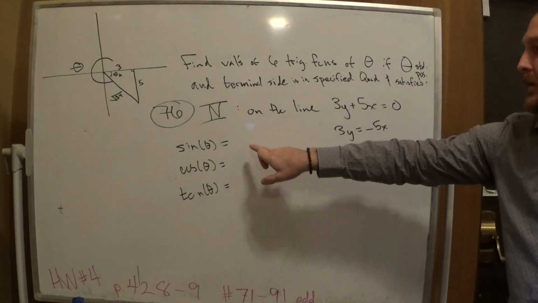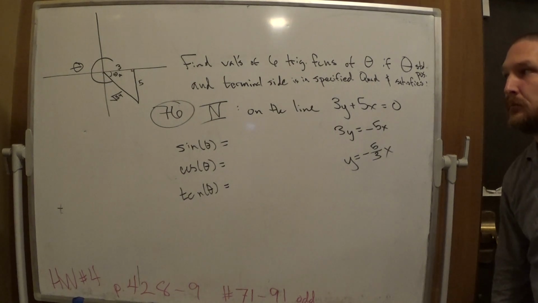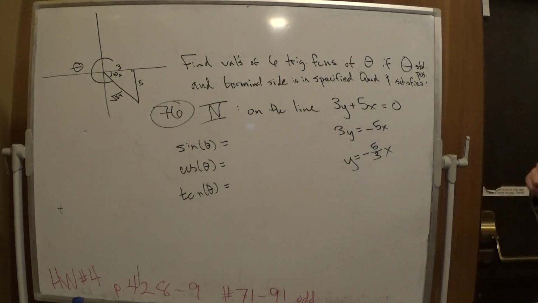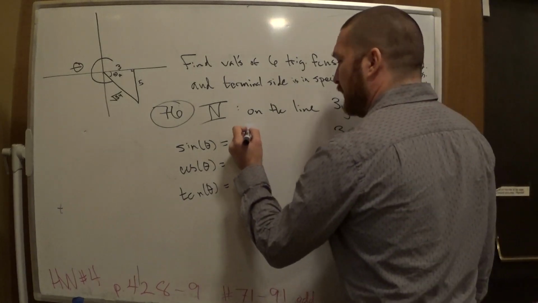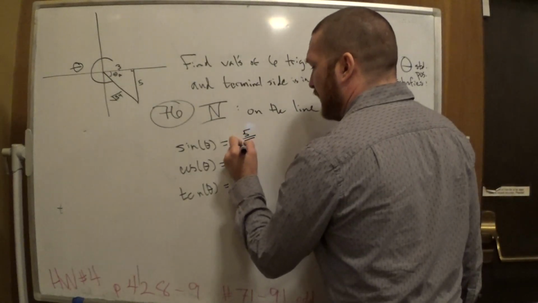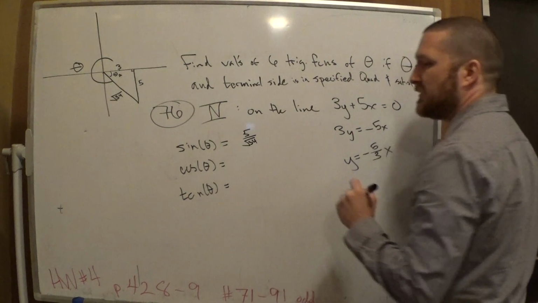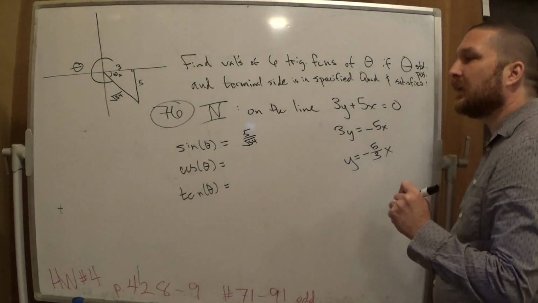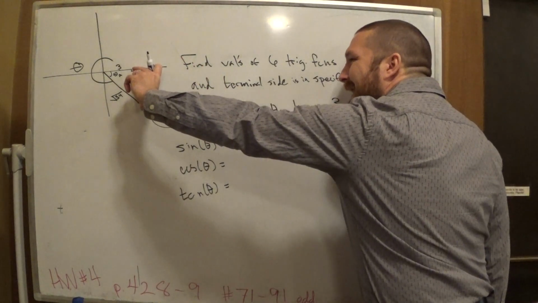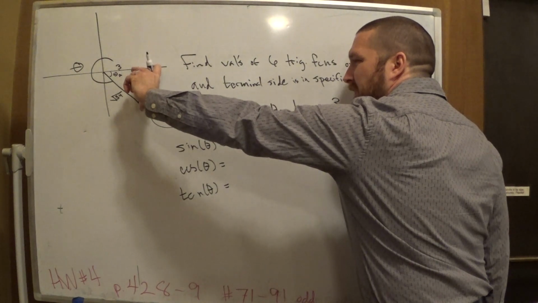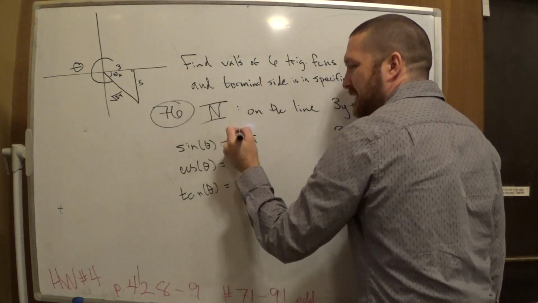So, sine theta is what? Negative 5 over root 34. Aha! This is the way I thought about it. When you said that, I said yes, it is 5 over root 34. Now stop and ask yourself, is that leg a positive or a negative number? It's negative because it's down there.